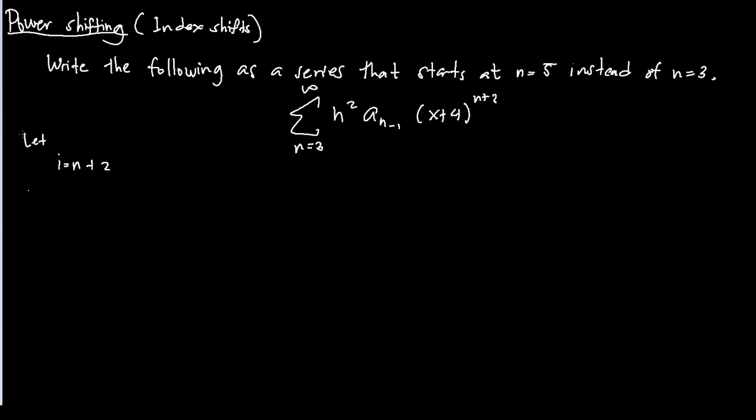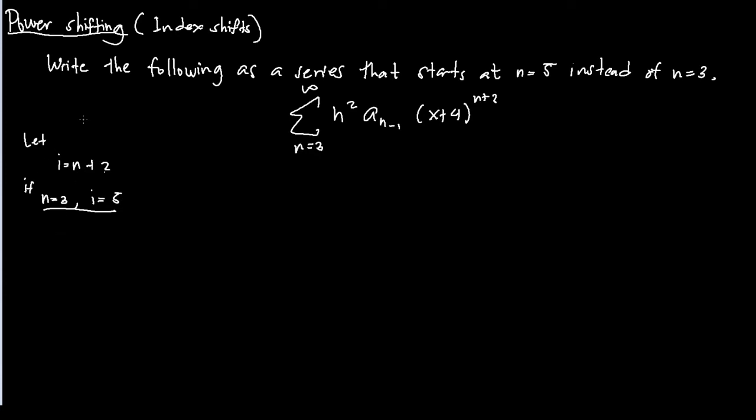I did that because if I let n equal 3, then I would be equal to 5. So n plus 2 is 3 plus 2, which is 5. With this equivalency, I can replace n equals 3 with I equals 5.